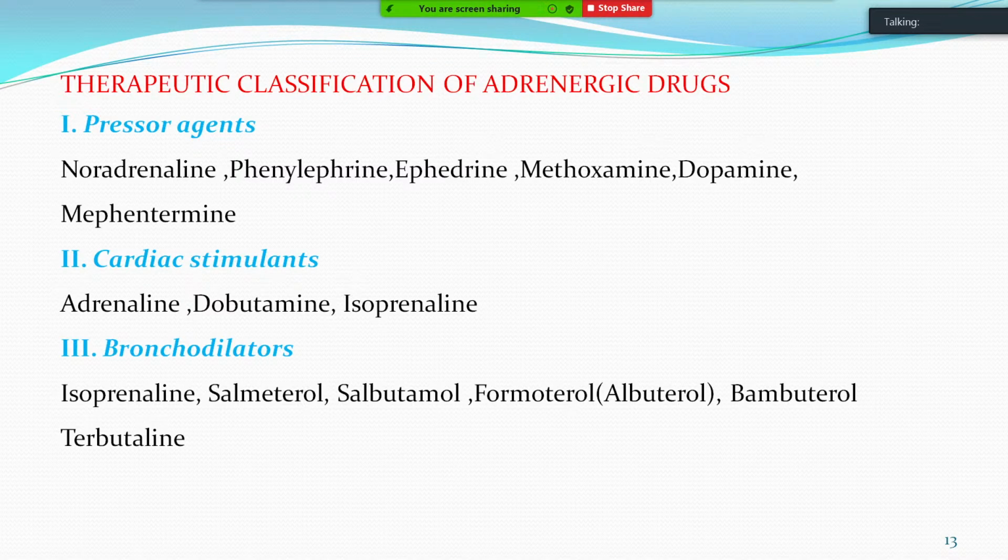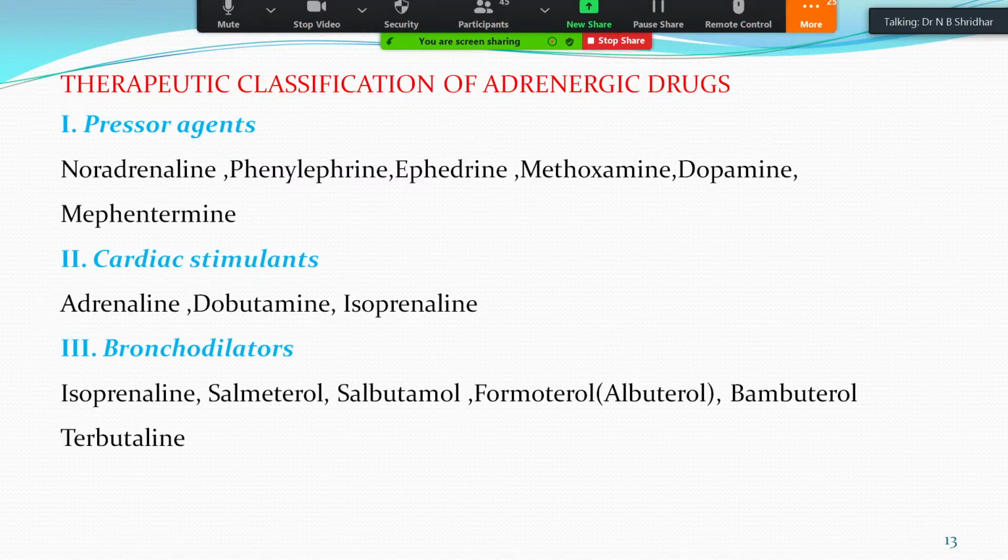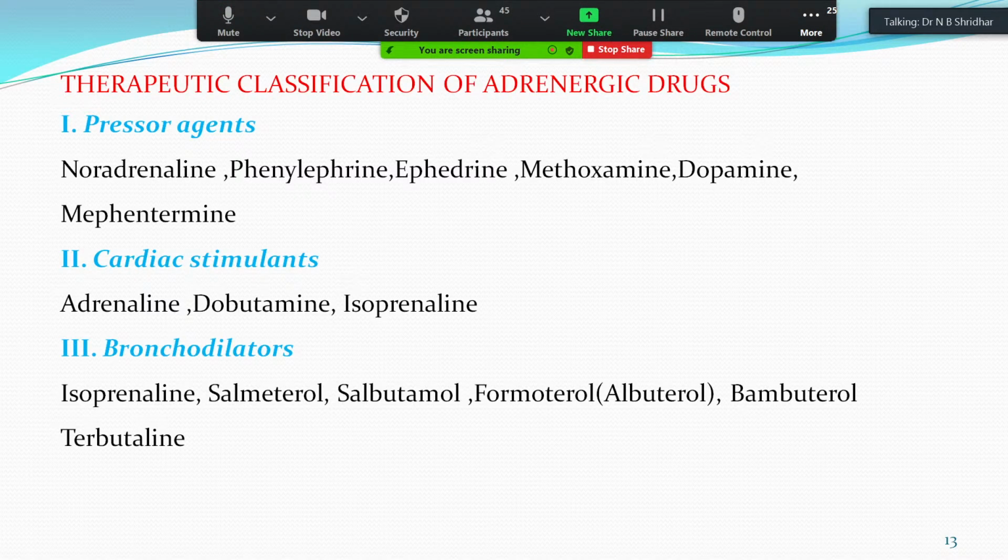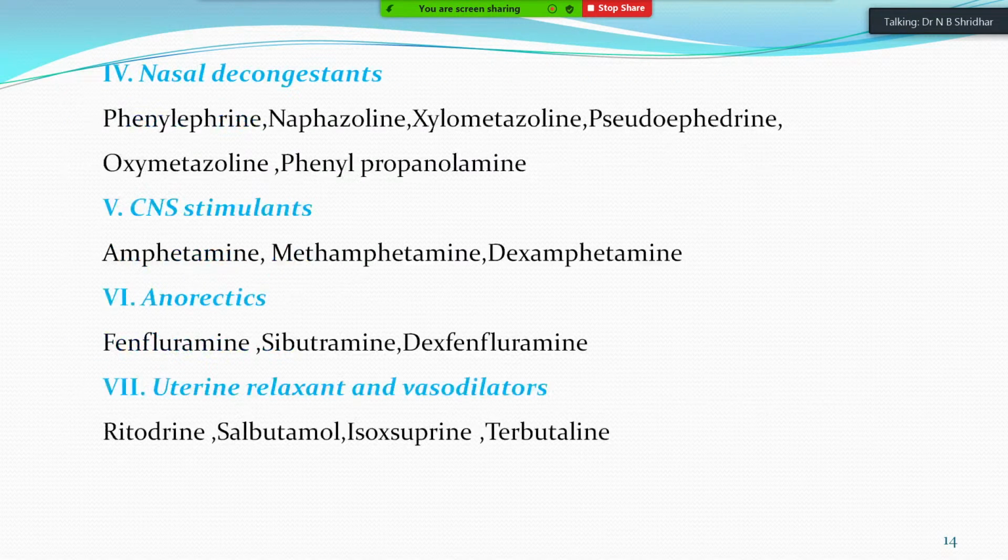Of course, it also acts on the heart and causes certain problems.